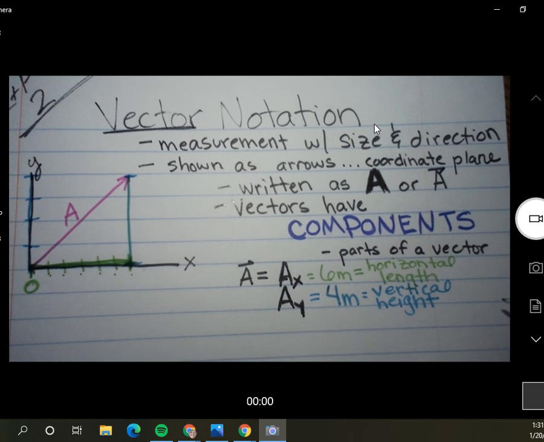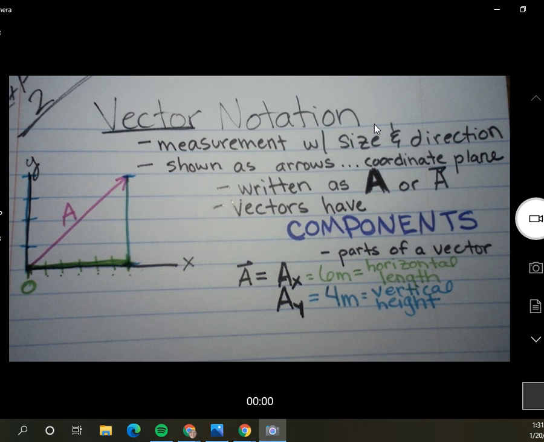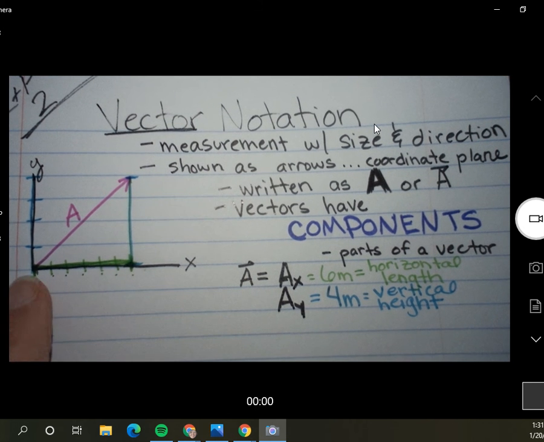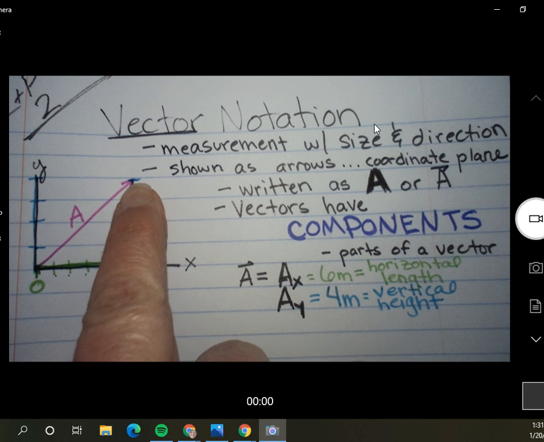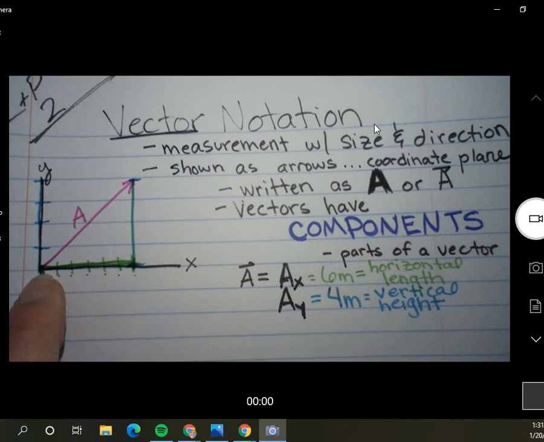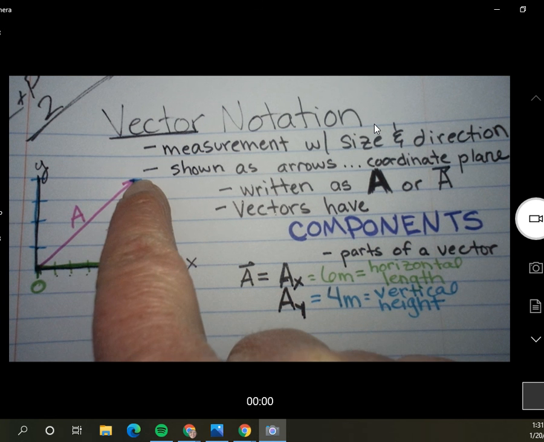So when we look at these components, what do we know about the point that is at 6 and 4 right there? If we start at the origin, the point that is at 6 and 4 is the end of our vector.